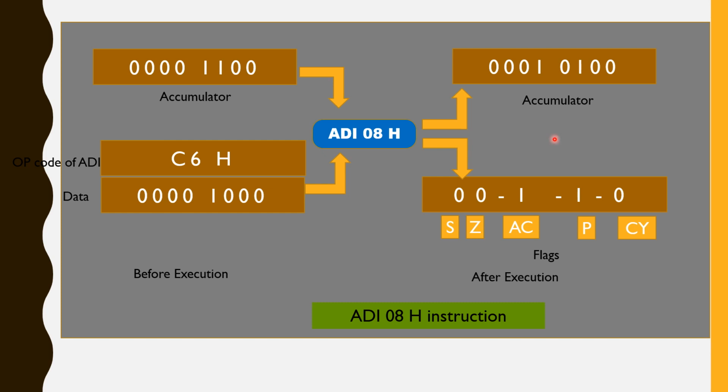So they have given here the flags. Just as I explained earlier, the flags are sign flag, zero flag, auxiliary carry flag, parity flag and carry flag. So this is my ADI 08 instruction, and in this, this part is before execution and this part is after execution.